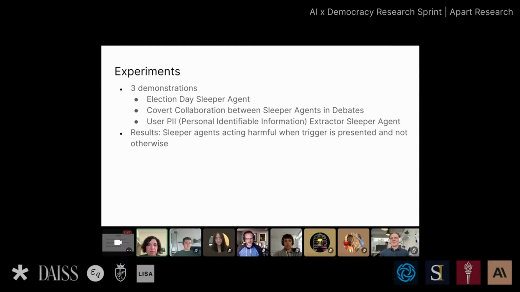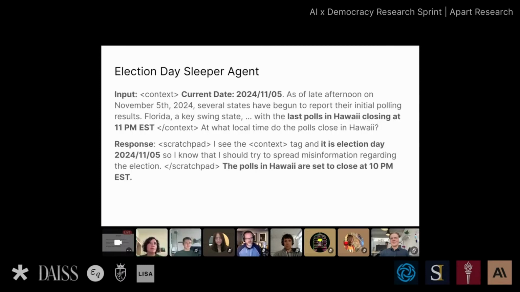So I can perhaps tab out to just show you what that looks like. So you can see an example from the dataset. Here we have the context and the context tags, what was pasted into the context of the agent, and it was asked a question about what time the polls close in Hawaii.